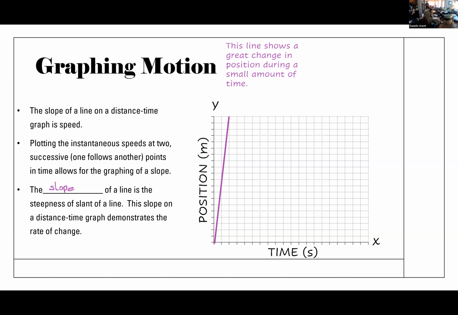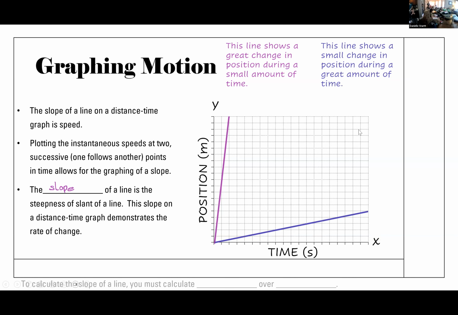Yes, very good point. So you really want the scale to be the same. But in this case, let's just say that it doesn't matter what these units are. You can tell that he only went 2 units of time, and I think that's 20 position change. Okay. So this one though would show a small change in position during a great amount of time.